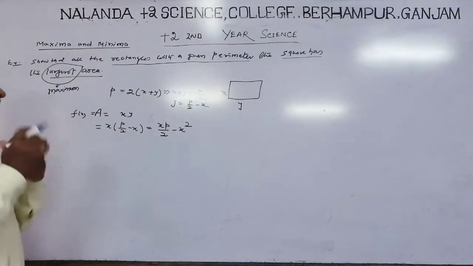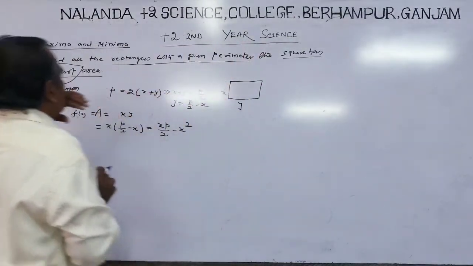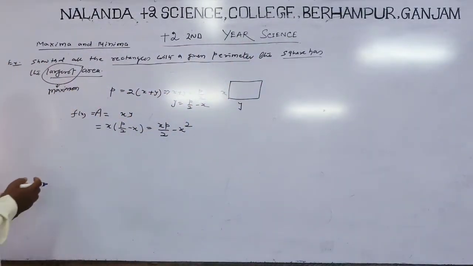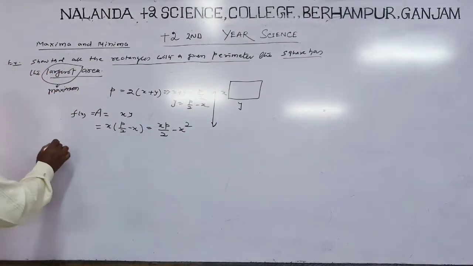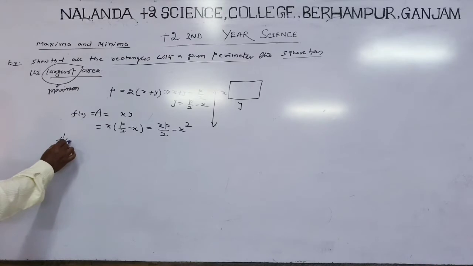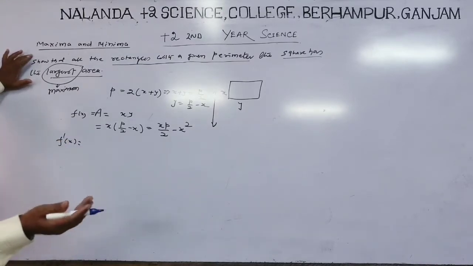Now the function has come. Okay, now this is the mathematical formulation. This is a physical problem converted to a mathematical one. It is known as modeling. Okay. Now what is f dash x, find out?